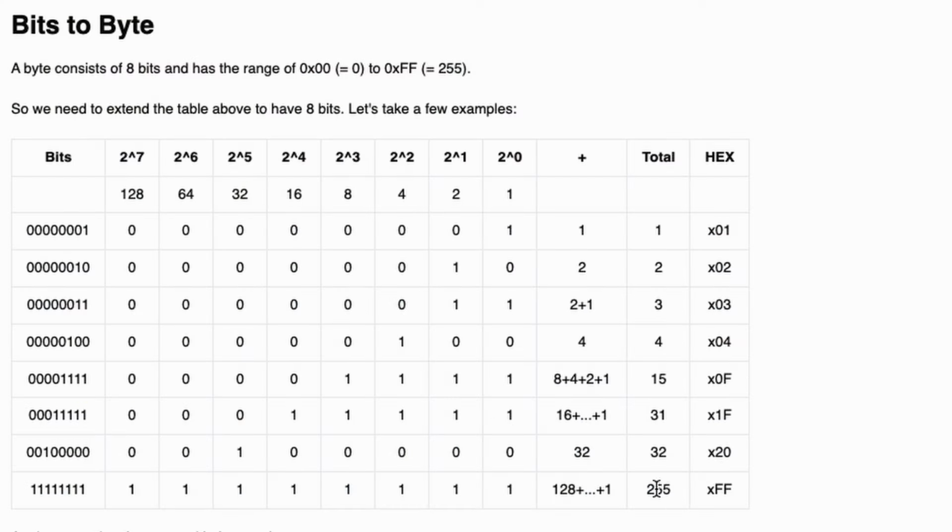As I mentioned earlier, a byte has 8 bits, so it contains more data. So it can hold a higher value than 15. Actually the maximum is 255. If we calculate all this power of 2 values up, we end up with 255.